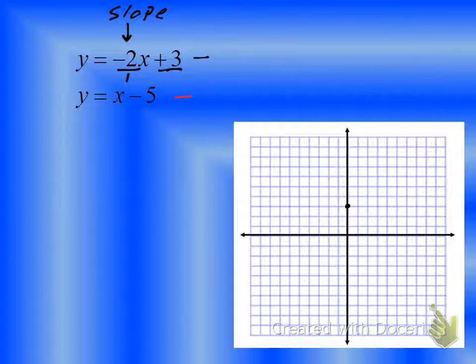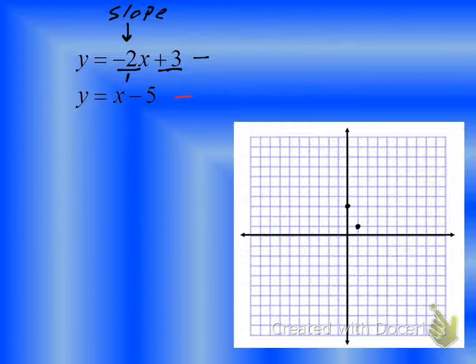Flip your directions: down 2 and right 1. Rise over run, remember, so up and down goes first. So down 2 to the right 1, right there.